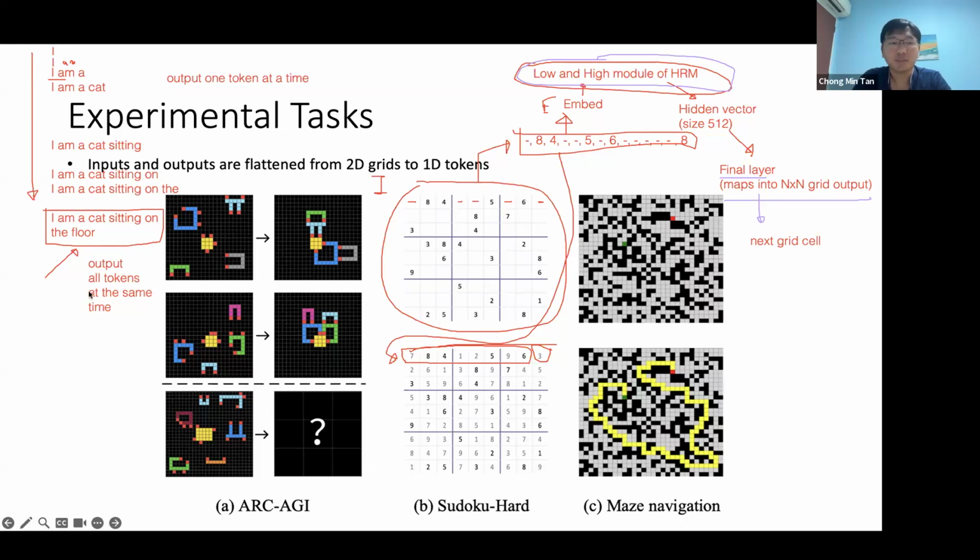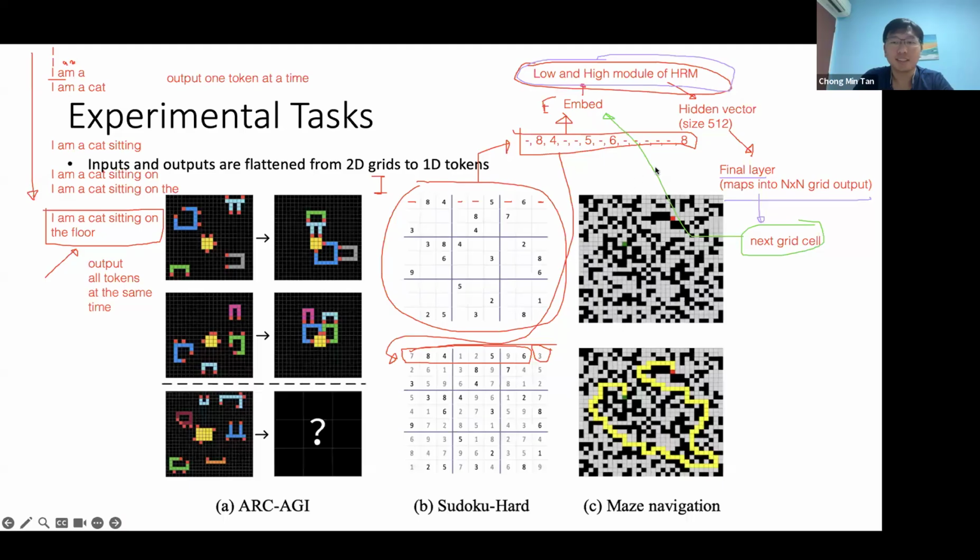At this level here, the next grid cell information might be fed into the input again, in an autoregressive way. Right now, HRM is not autoregressive. This information is not fed inside here again. But I'm thinking that if you can do this kind of autoregressive generation, it will make the output better. Yeah. So at least these are my thoughts.